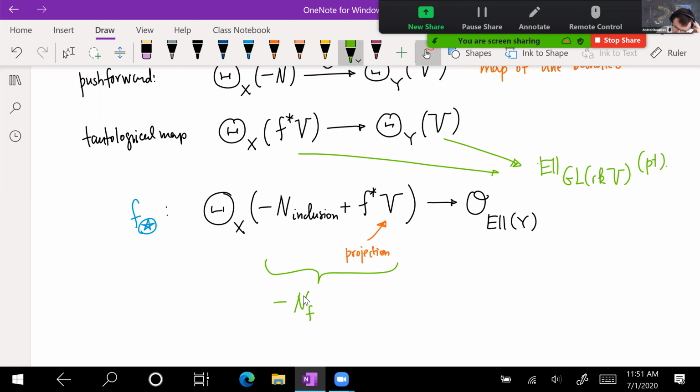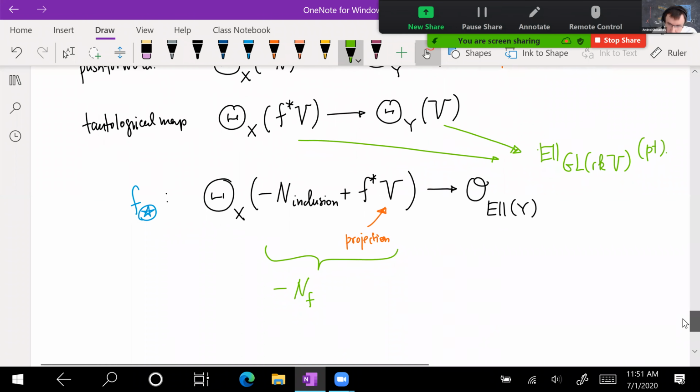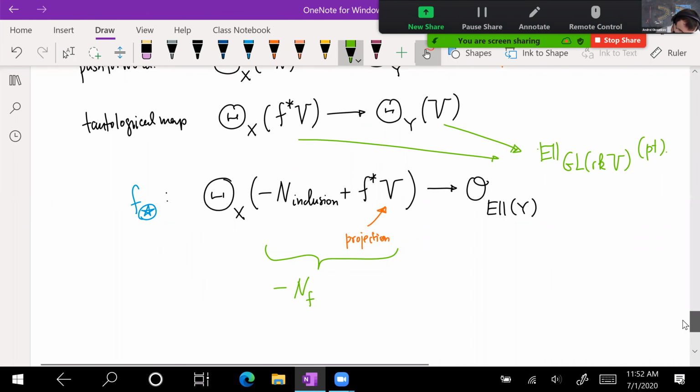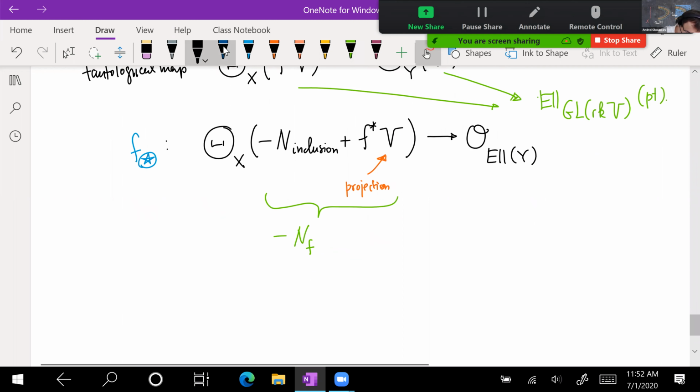And so then this is defined like that. This is the normal bundle to a map. It corresponds to the notion in algebraic geometry, where the normal bundle for a map is defined using the graph of the map. And if you think of what's happening here, it's exactly what's happening here. So that's the definition.